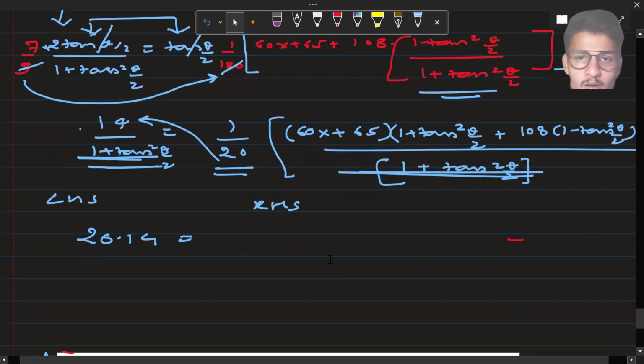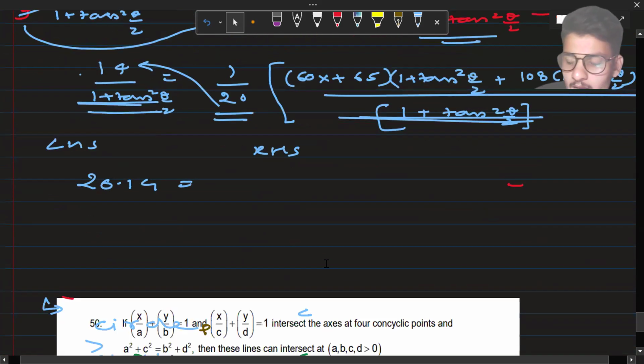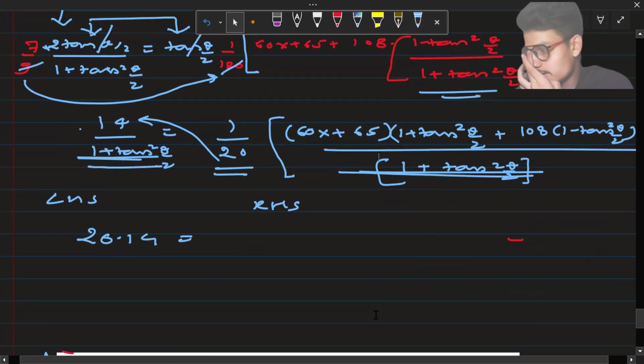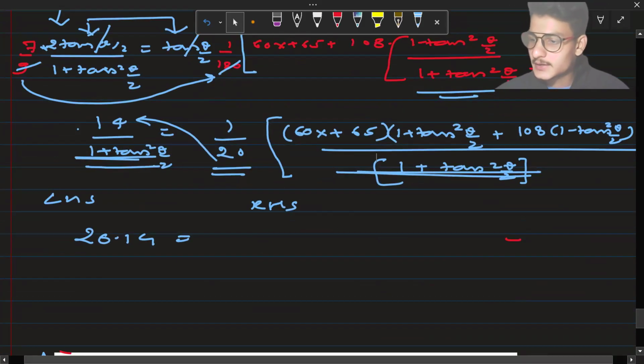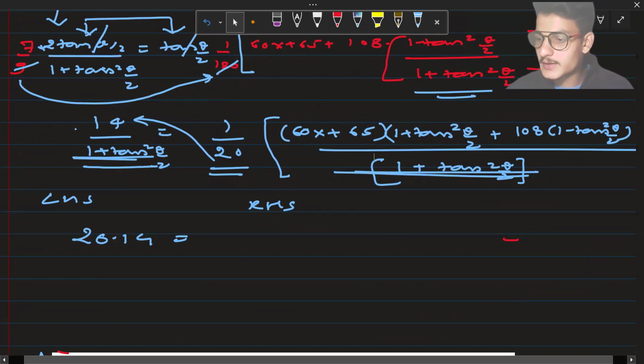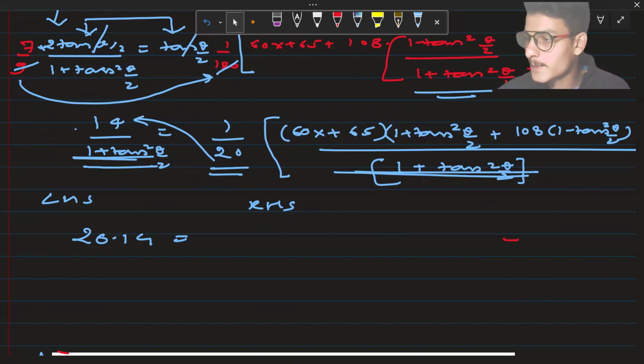So when you will solve this equation, what you will receive is that the equation will come in this manner.